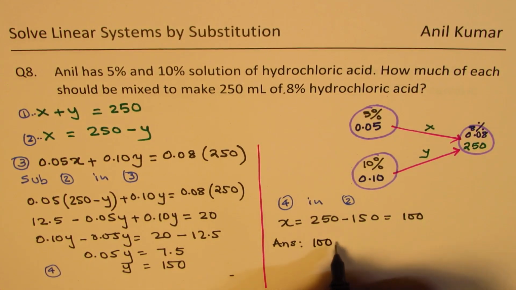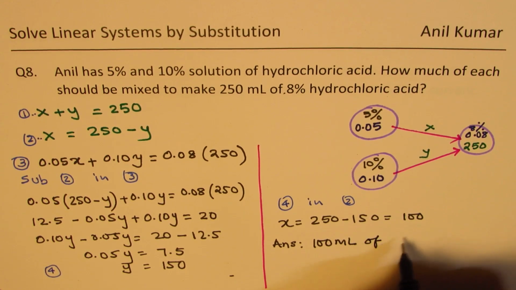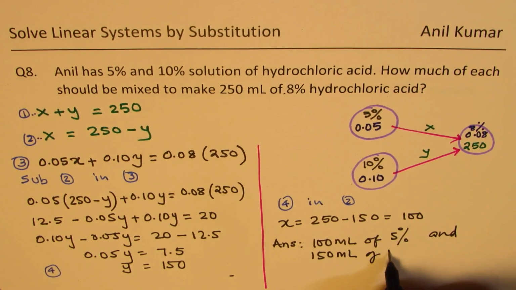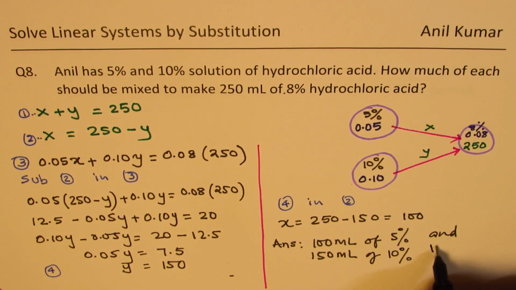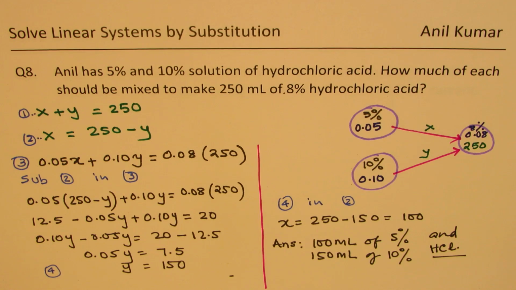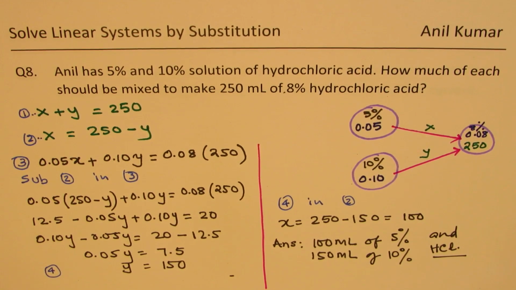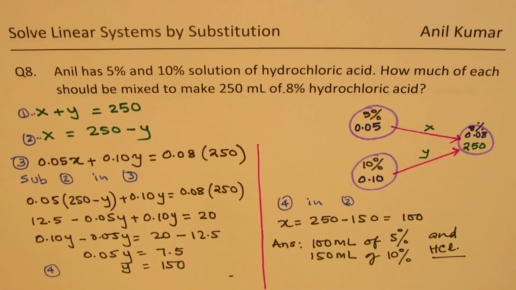So we have 100 milliliters of 5% and we have 150 milliliters of 10% hydrochloric acid, in short, HCl. So that is how it can be solved. Now, as you can see here, this small diagram helps you to understand how to write equations, visualize the situation, and solve the problem. Perfect. Let's take up the next question now.